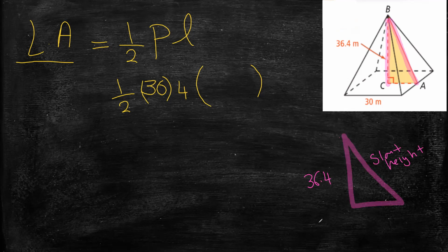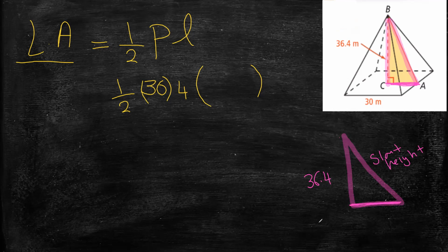Now, look at this side here. To find the slant height, I will use the Pythagorean theorem. How can I find the length of this leg here? Half the side, because the height bisects the side. It's in the middle. So it's 15 meters.